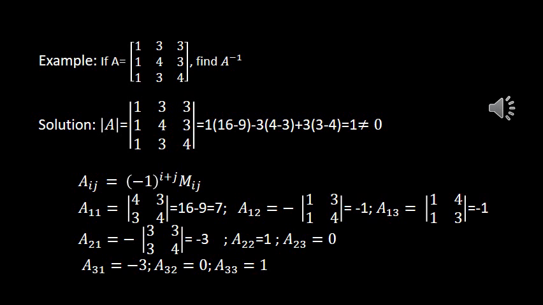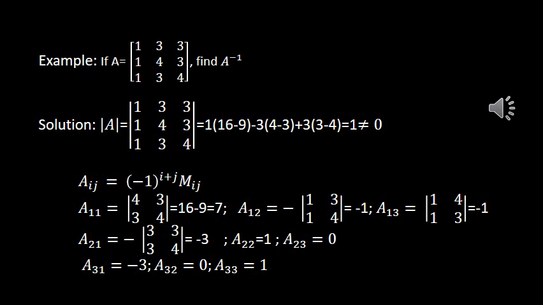Now to get the adjoint, you need the cofactors. The transpose of the cofactor matrix is the adjoint. So Aij is equal to negative 1 raised to i plus j into Mij. So A11 is the cofactor of the first element. 1 plus 1 is 2, so the sign is positive, then the value of the 2 by 2 determinant.